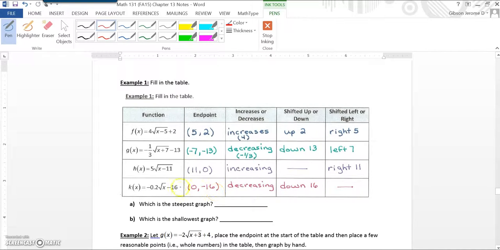And then we will be going down 16 because our k is a negative 16. And then shifted left or right, we have no number under the radical, so it would not shift left or right. Now it says here, which is the steepest graph? We know h of x is, because the absolute value of 5 is the biggest.